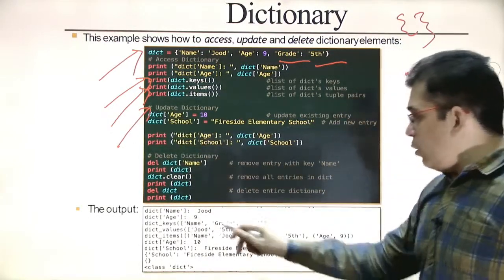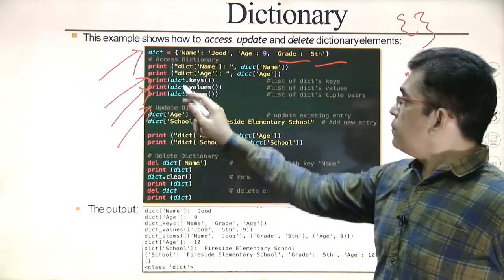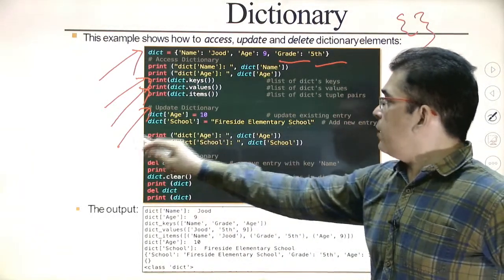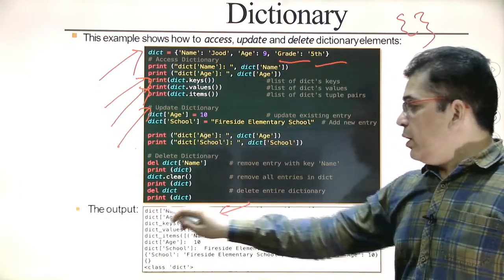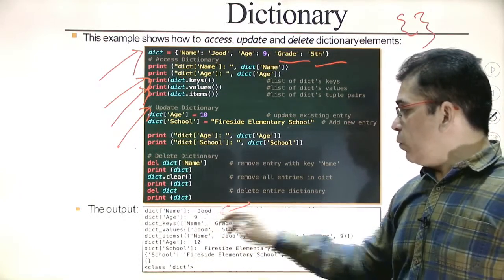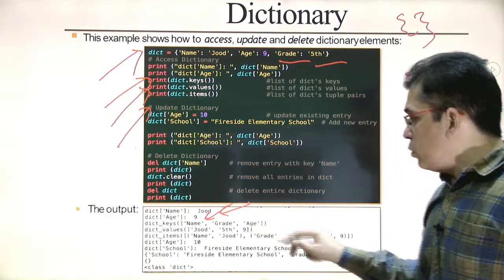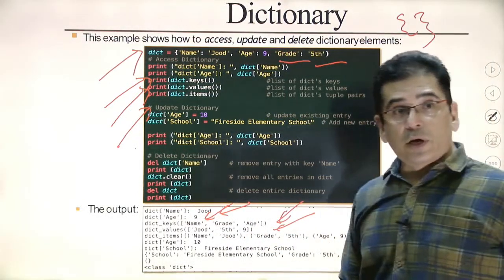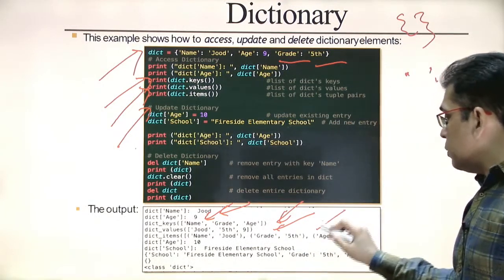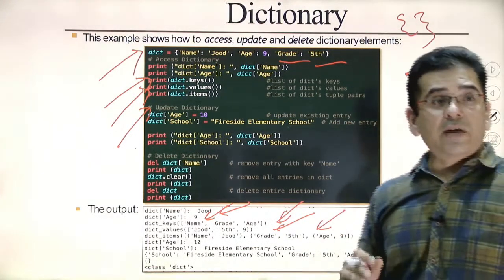So this is the output shown below. First, this print statement will print the dictionary. If you want to print the name, then only the name will be printed. If you want to print only the age, all the keys together, all the values together, or all the items, meaning both keys and values, you can do that.